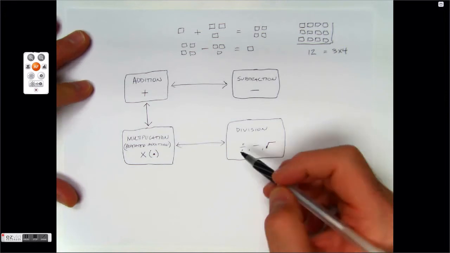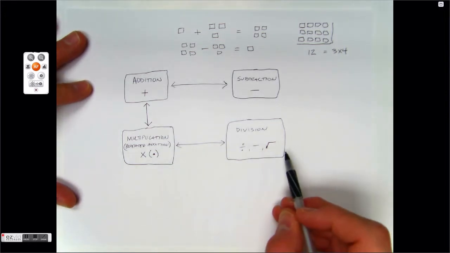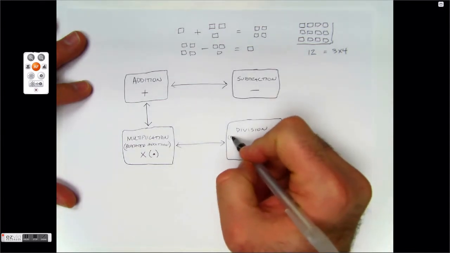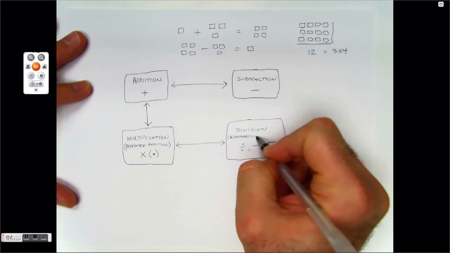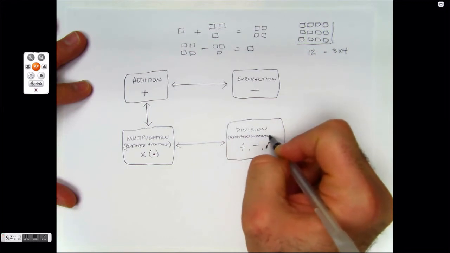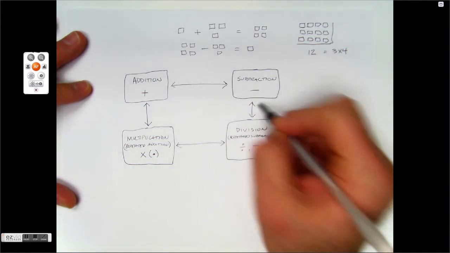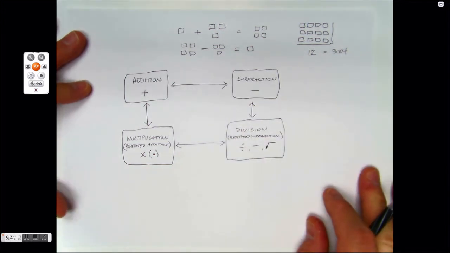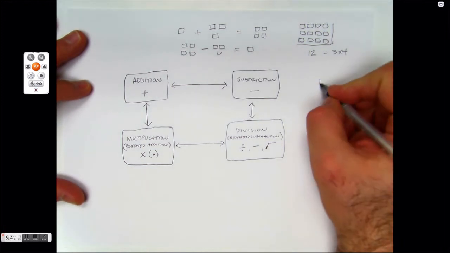Now, what's interesting here is if multiplication is repeated addition, then what's division? Division is repeated subtraction. So notice these connect here as well.